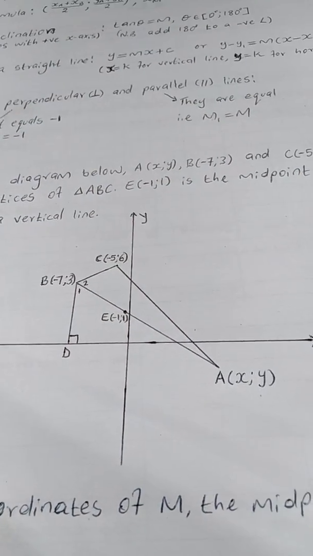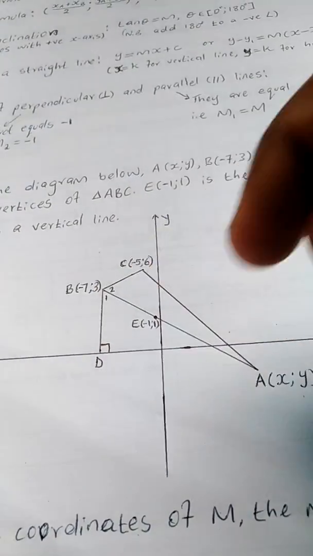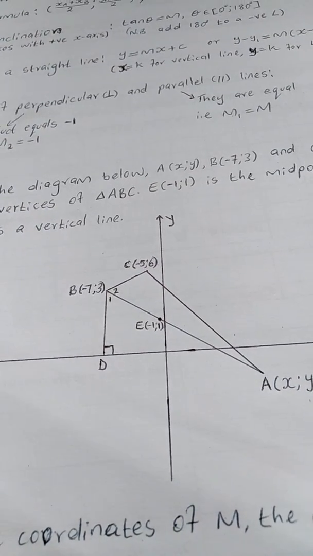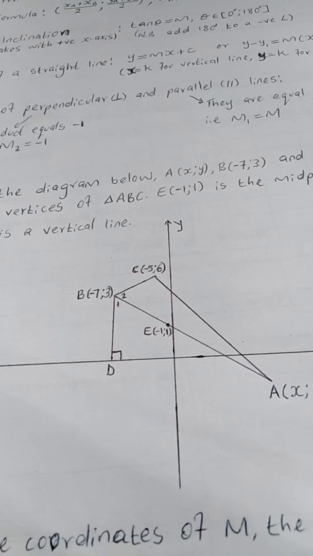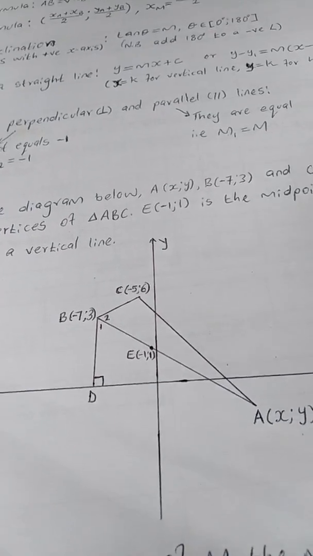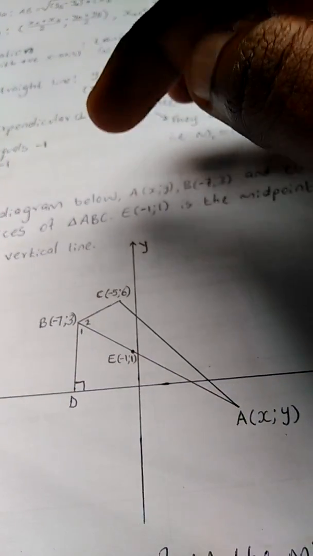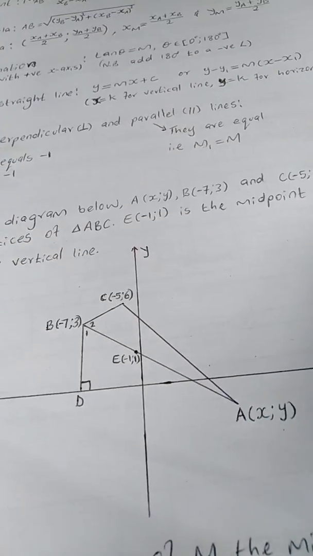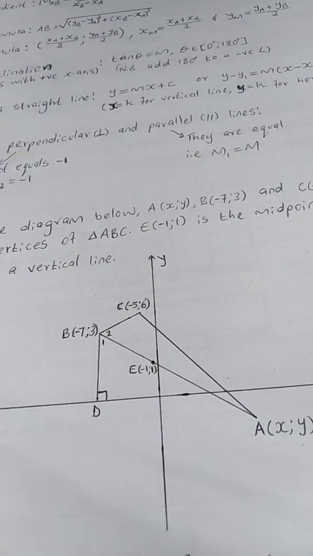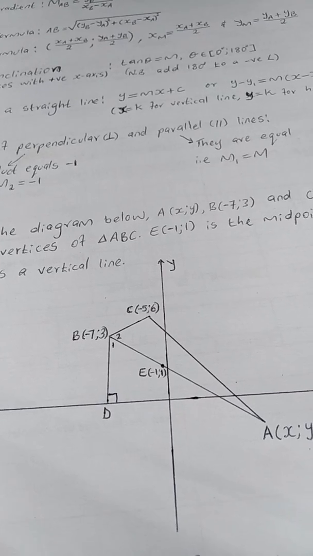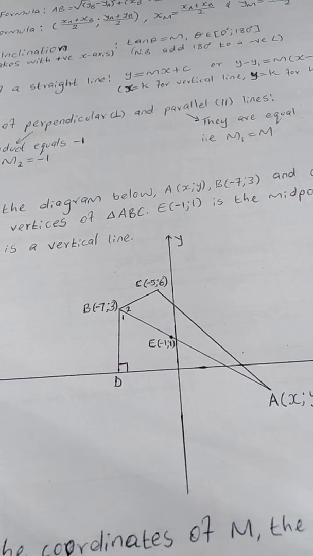But you can clearly see that this line EP is going to have a negative gradient. We talked about this in earlier grades, in grade 9 to be exact, that a line that touches the second and fourth quadrant has got a negative gradient. Now, if you find the gradient for this one, you're going to get a negative gradient.